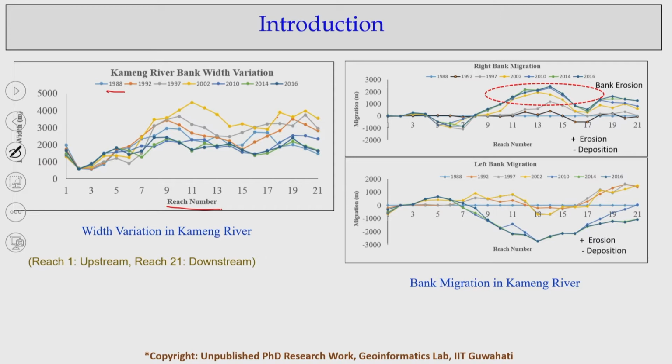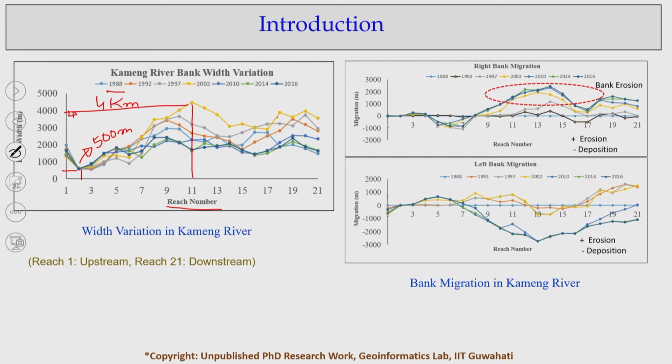Each year there is variability in the width of the river, from the left bank to the right bank. The width is considerable, and in some locations it goes as high as about 4 kilometers. That is quite interesting. In some cases it goes as low as 500 meters, versus 4 kilometers.